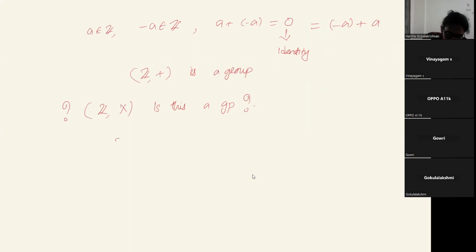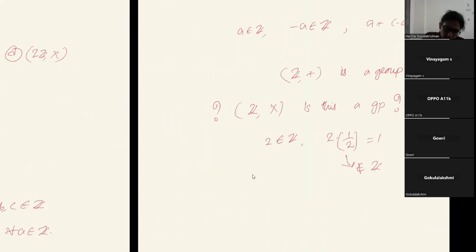For example, I am taking 2 in Z. Under multiplication, the identity will be 1. So the possible inverse is 1 by 2, since 2 into 1 by 2 equals 1. But this 1 by 2 does not belong to Z. So this is not a group. Now let me go to the next option.